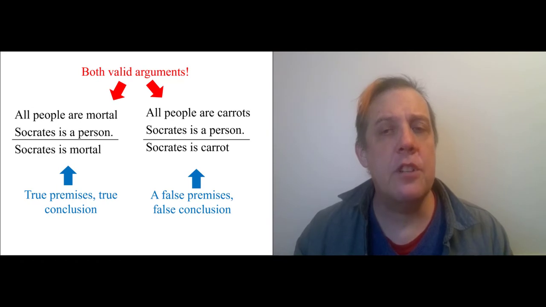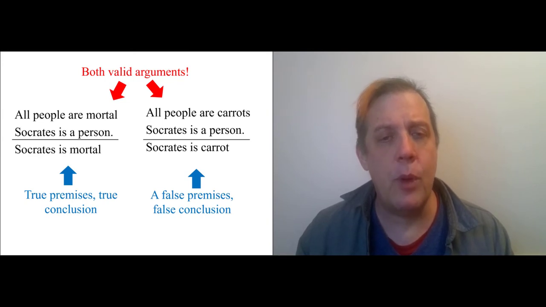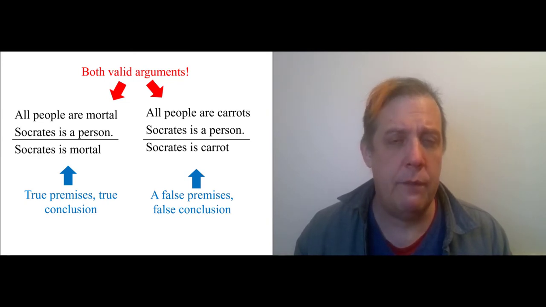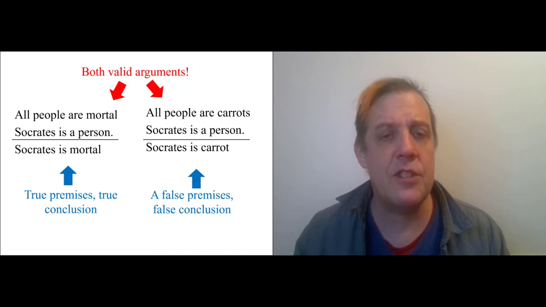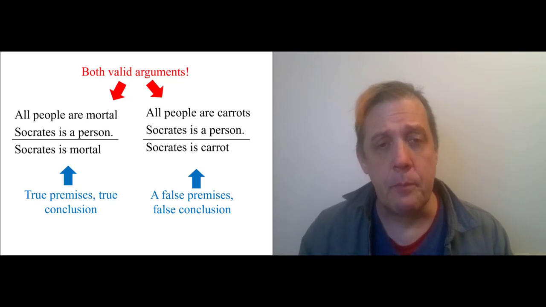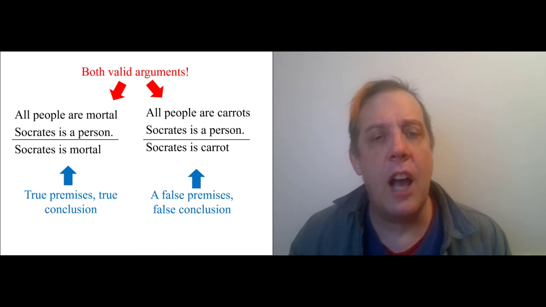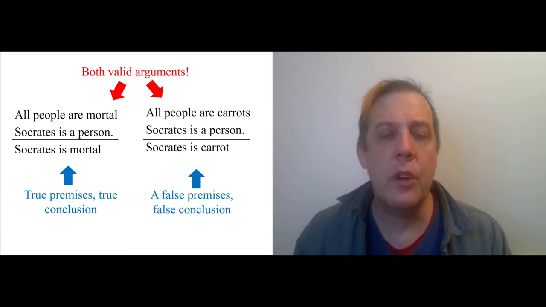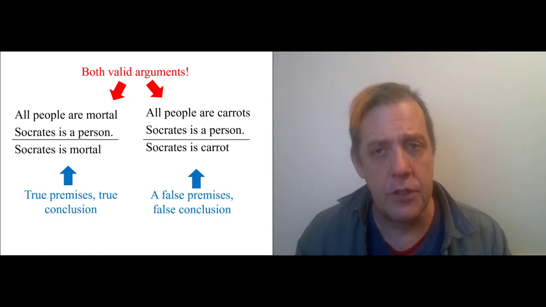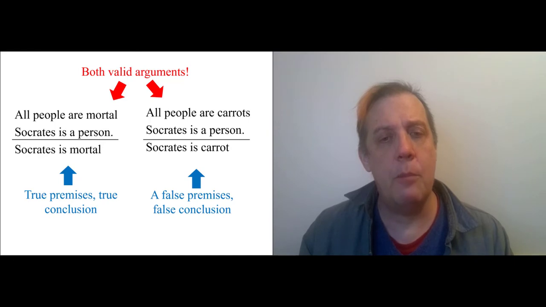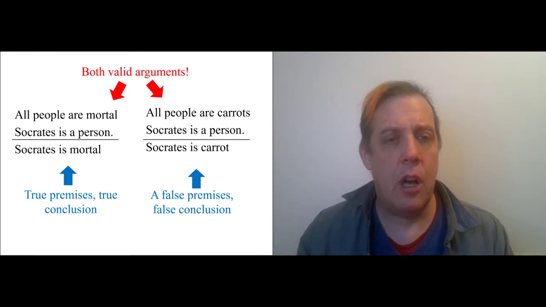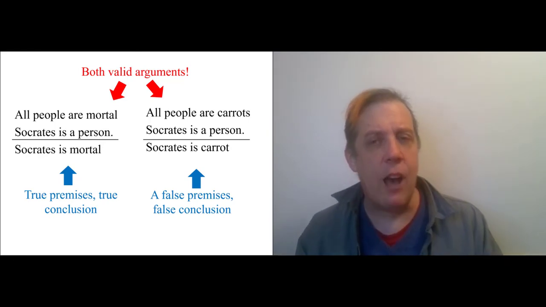In the first example, we have true premises and a true conclusion. In the second example, we have false premises, one false premise, that all people are carrots, and a false conclusion. Neither of those are ruled out by the definition of a valid argument, which just says the premises can't be true and the conclusion false. So both of these, that's one reason why both of these count as valid.